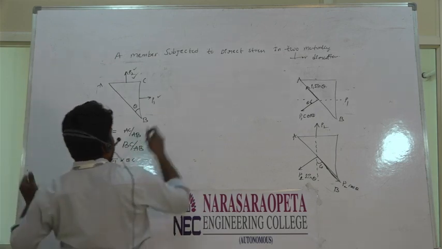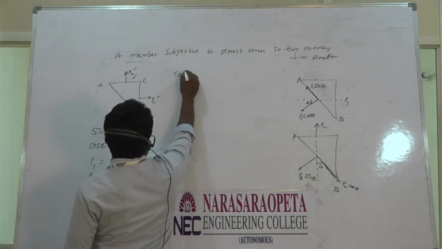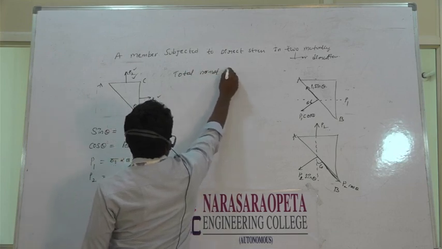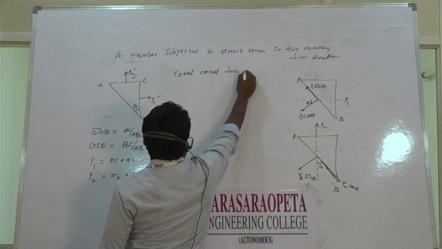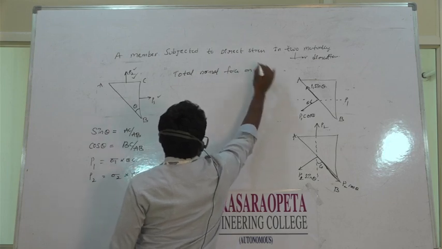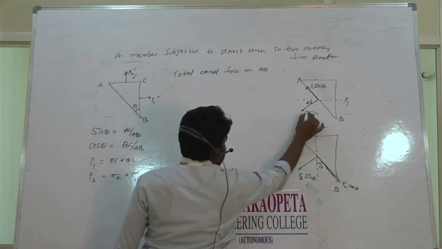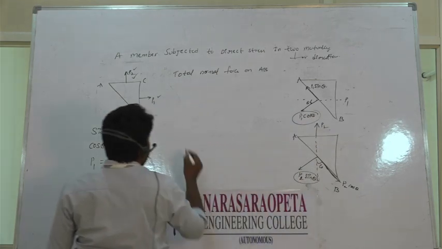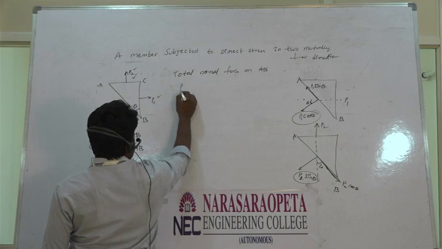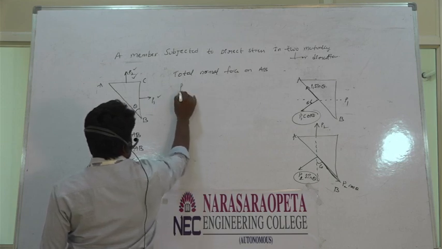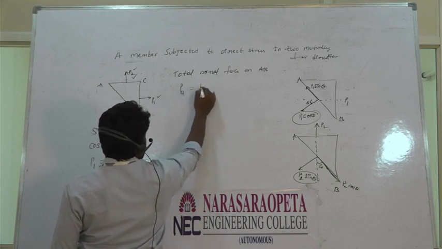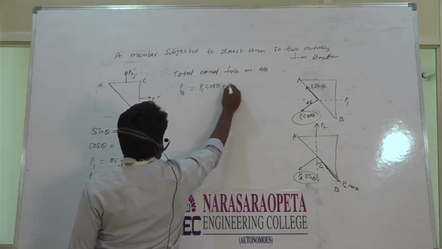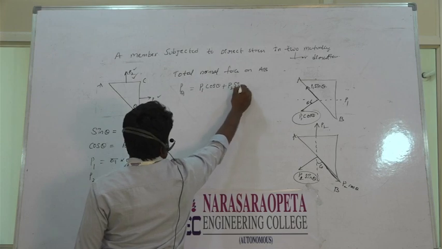So total normal force on AB. This one is a normal force on AB, and this is also normal force on AB. So total normal force Pn equal to P1 cos theta plus P2 sin theta.